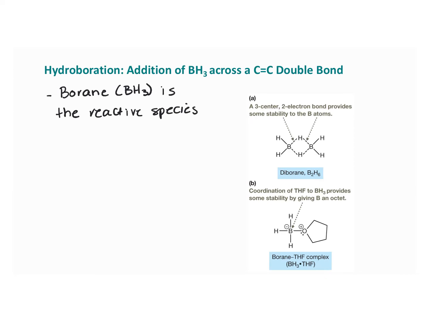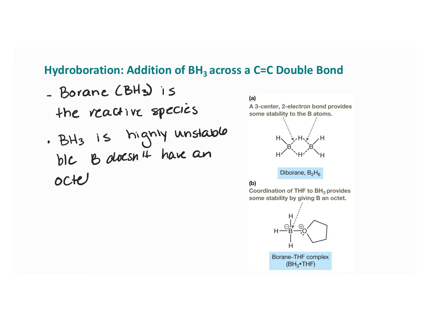But unfortunately, BH3 is highly unstable because that central boron atom doesn't have an octet. Okay, so what this means then is BH3 can't be isolated.